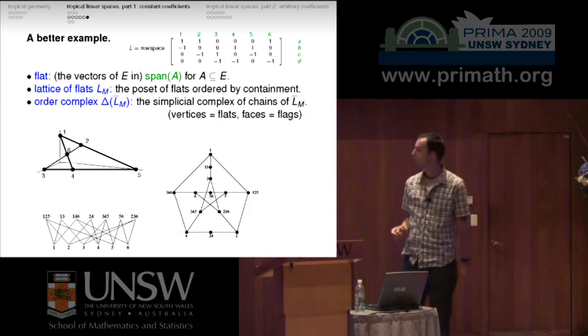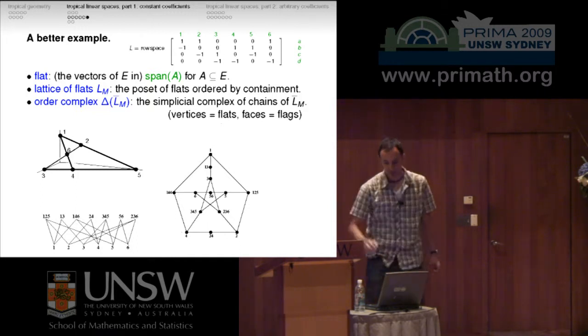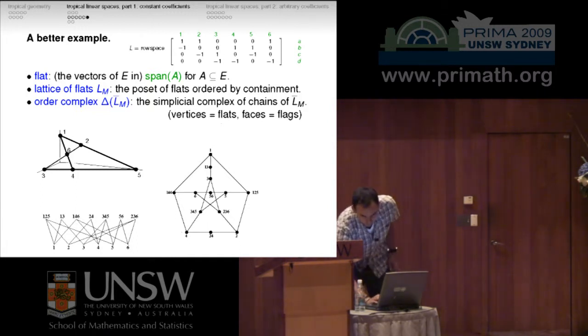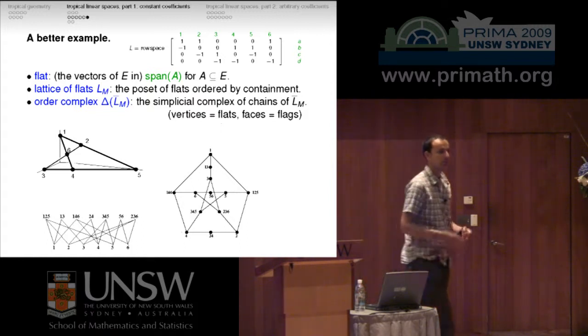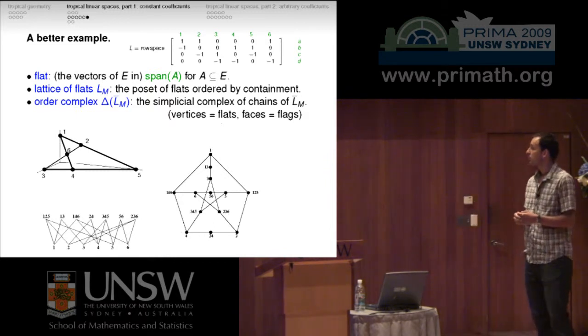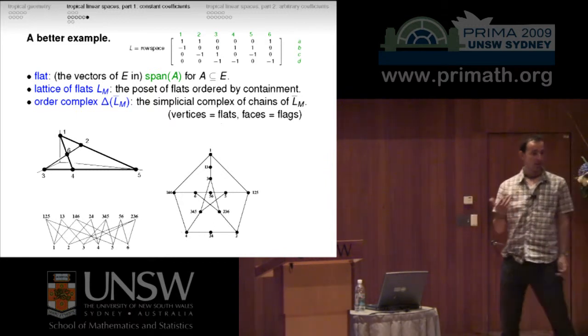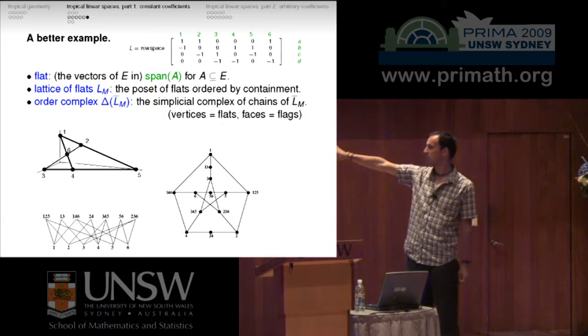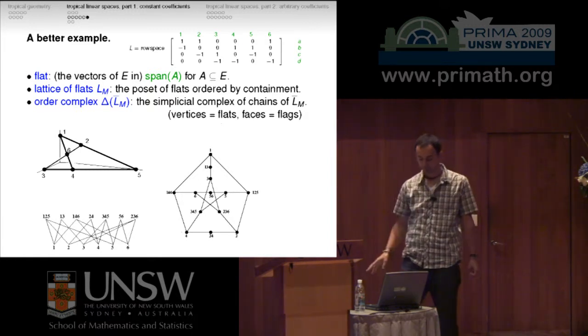Okay? So for example, I have a face between 2 and 2, 3, 6 because I have a flag from 2 to 2, 3, 6. So this is how from a matroid you make a simplicial complex, which is the guy that I drew on the right.